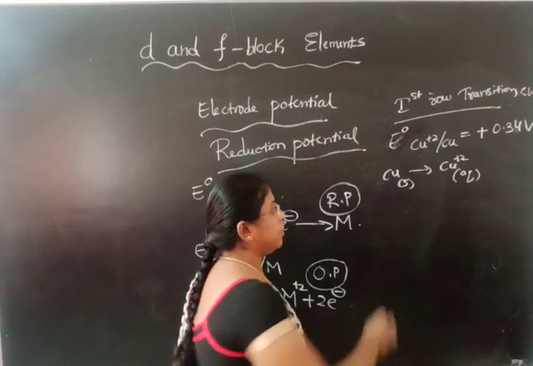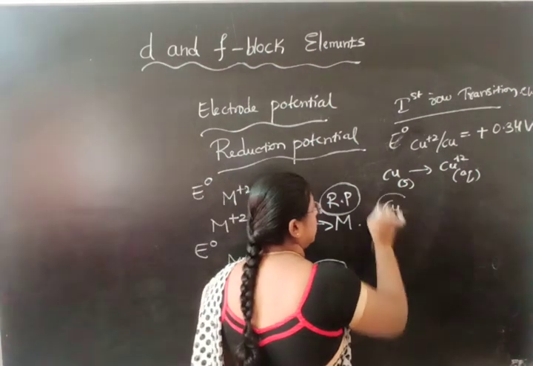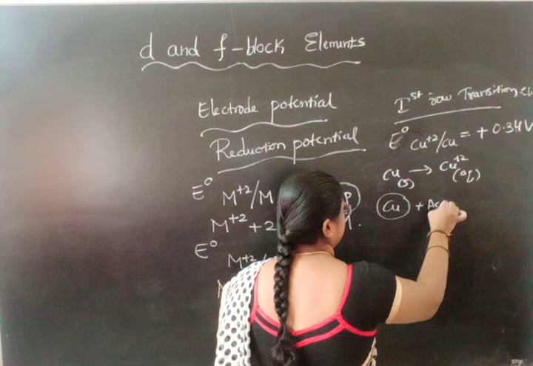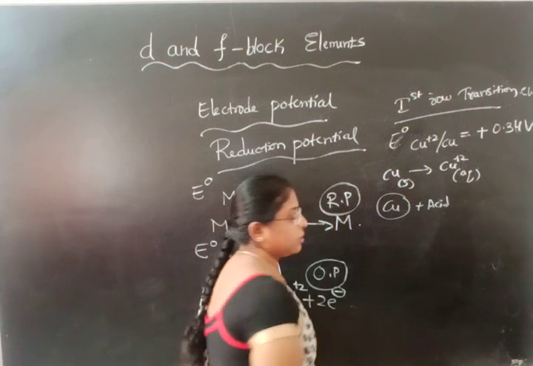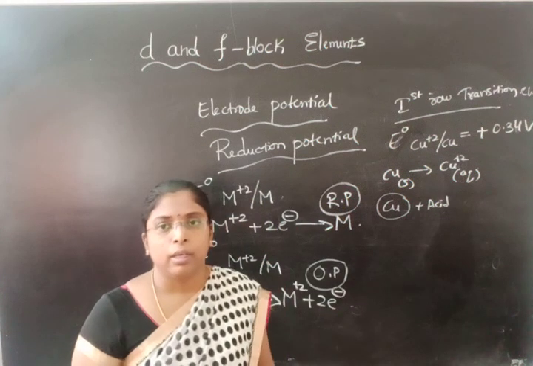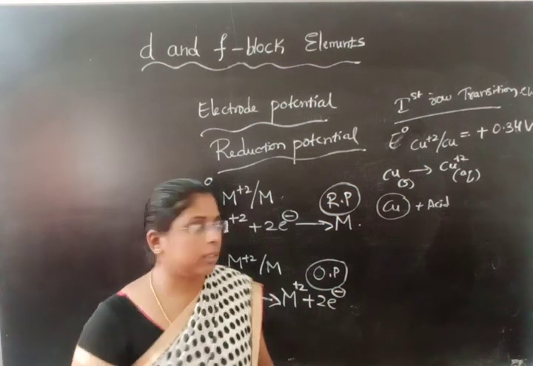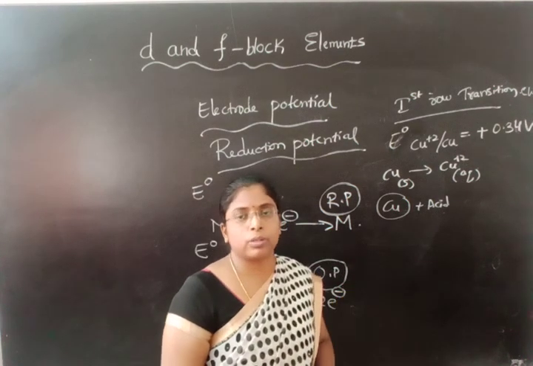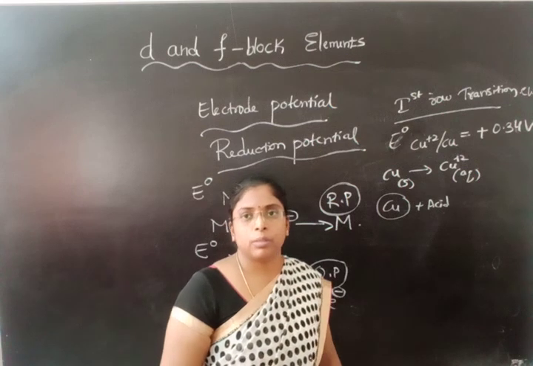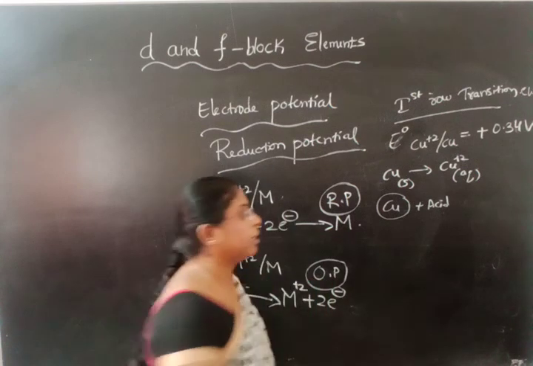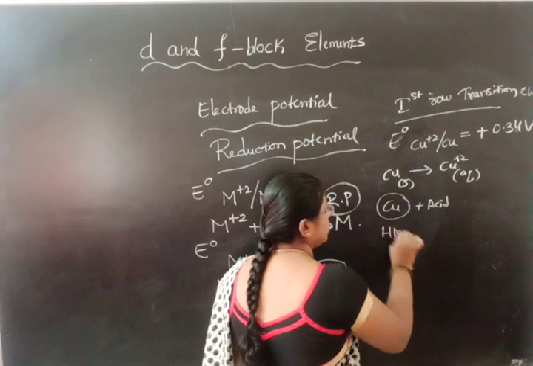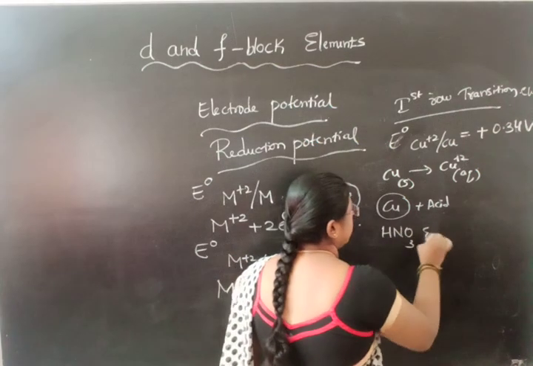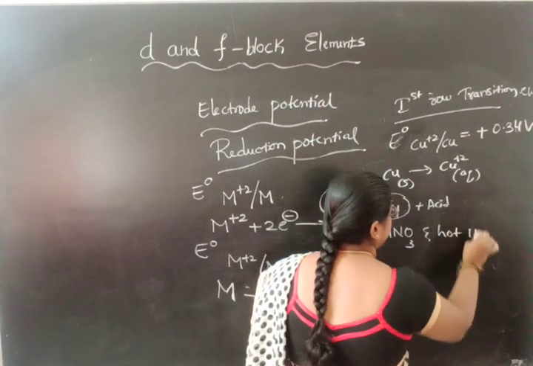This copper does not easily react with all the acids to convert into its salt. Only some oxidizing agents like HNO3 react with copper, as well as hot sulfuric acid.